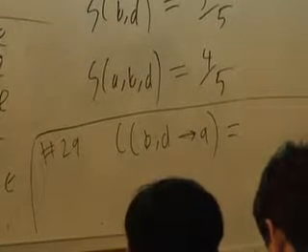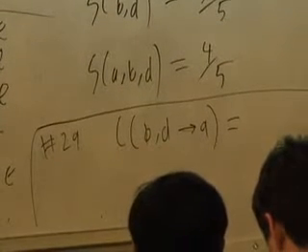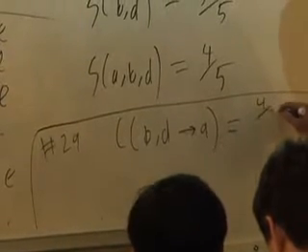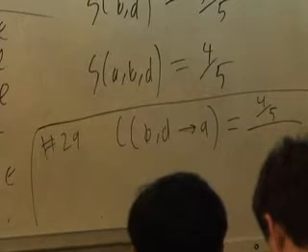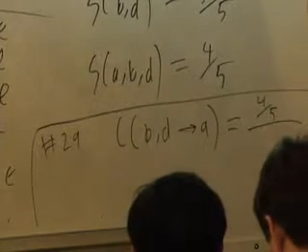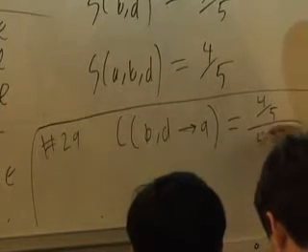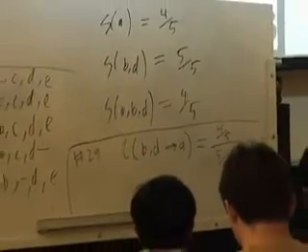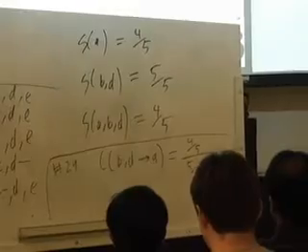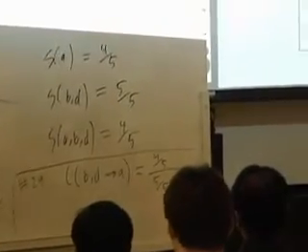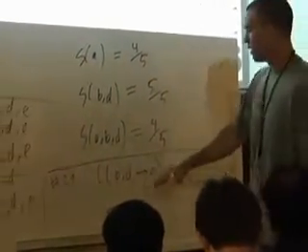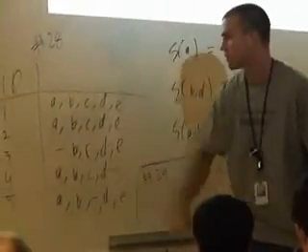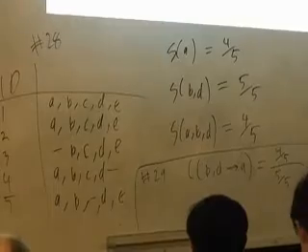But this is the confidence for BD implies A. So on top, I put the ABD triple, which is 4 out of 5. And on the bottom, I put everyone who got B and D, which is 5 out of 5. So this one comes out to be 0.8 or 4/5. So 4/5 of the people, before it was of the transactions. Now 4/5 of the people who bought B and D also bought A. Well, who bought B and D? That's everyone, and then 4/5 of the people bought A. So that rule has confidence 0.8.